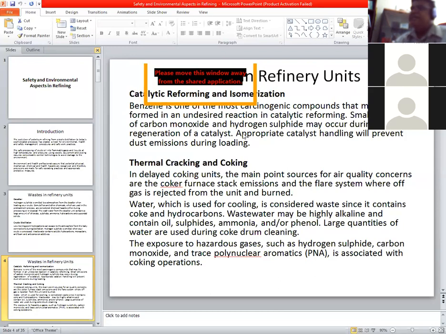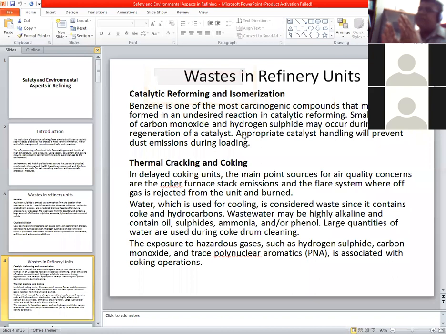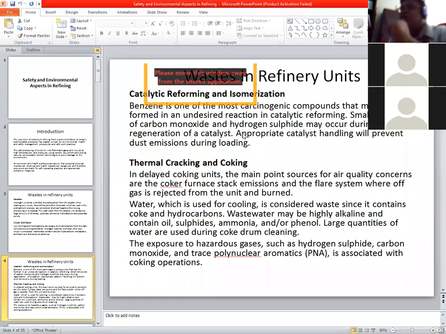Next unit is thermal cracking and coking. In thermal cracking, no catalysts are used, but the cracking, meaning breakdown activities, is carried out by using heat. Very high temperature is there, maybe around 1000 degrees centigrade, and in some cases higher. So coke is produced.